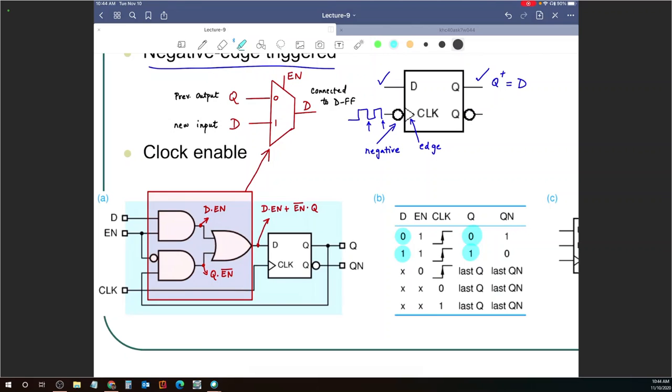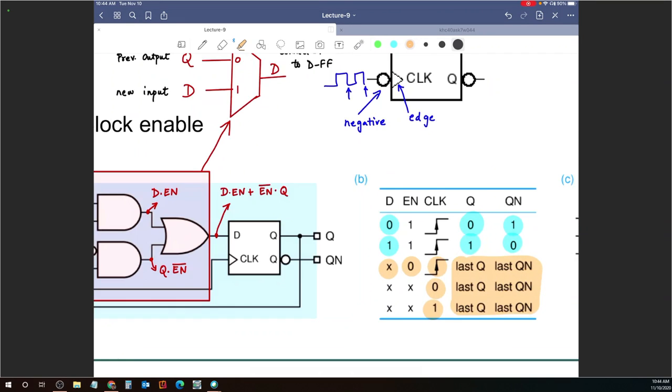And Qn, the complementary form of the output, will be exactly the opposite of Q. However, if enable is 0, meaning clock is disabled, no matter what D is, and no matter if the design sees a positive edge or the negative edge or 0 or 1, no matter what happens, if the clock is disabled, then your Q plus will not change. Q plus will equal Q.